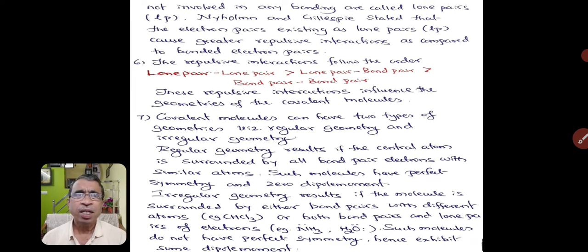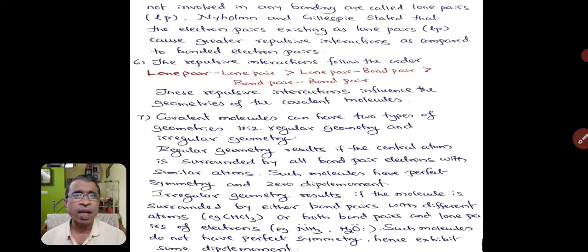They said the repulsive interactions follow the order: lone pair-lone pair repulsion is greater than lone pair-bond pair repulsion, which is further greater than bond pair-bond pair repulsion. These repulsive interactions influence the geometry of the covalent molecules.